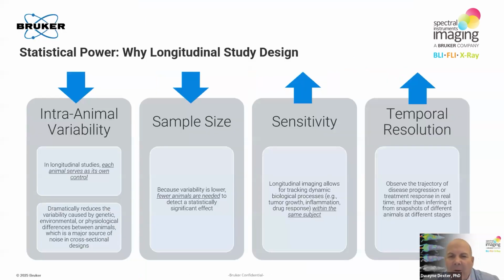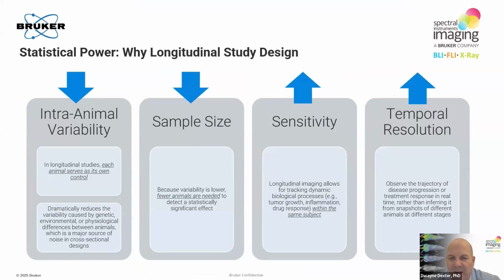Again, statistical power, something that I've mentioned several times. I will say to the audience here, make sure that you are really addressing and understanding the statistical power of your study design, so you're not overusing animals. Longitudinal studies reduce inter-animal variability because the animal is its control unto itself.